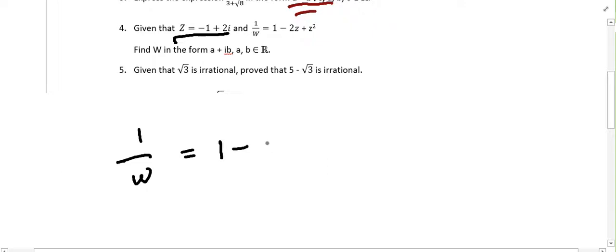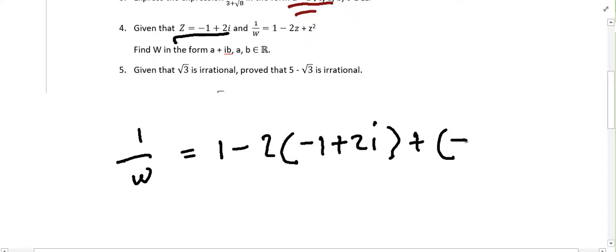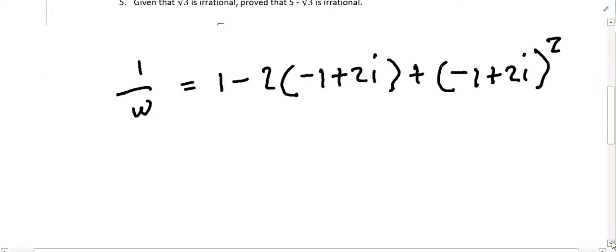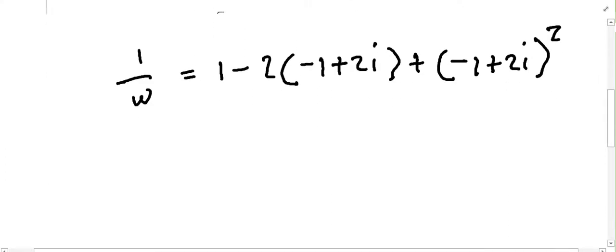So it's going to be 1 minus 2. What is z? z is negative 1 plus 2i. And then open bracket plus z squared. z squared, we have already been given 1 plus 2i, squared like that. So you have just replaced z with what you have been given.